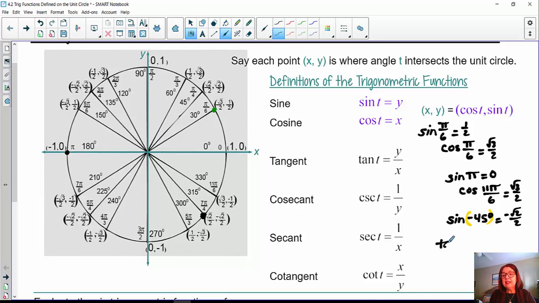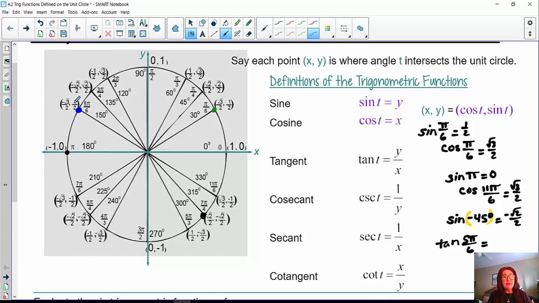So if we wanted to find the tangent of, let's say, 5 pi over 6, we find 5 pi over 6, there it is. That's where that angle intersects the unit circle, 5 pi over 6 radians.